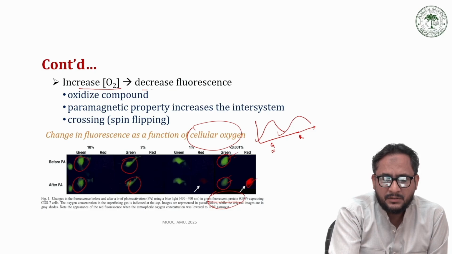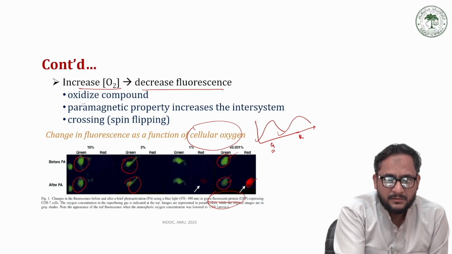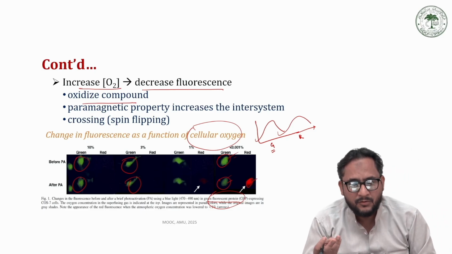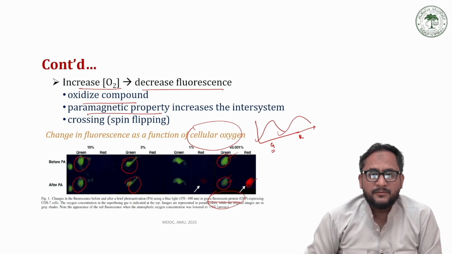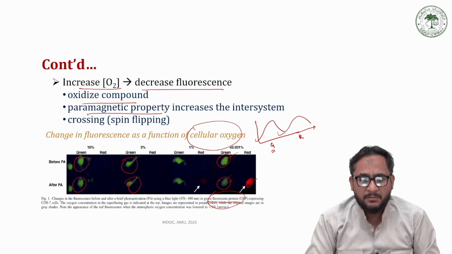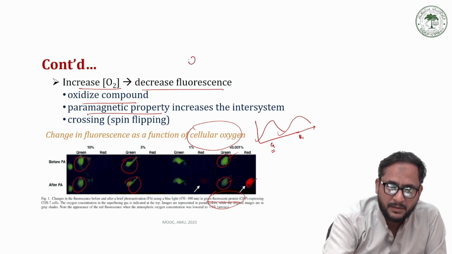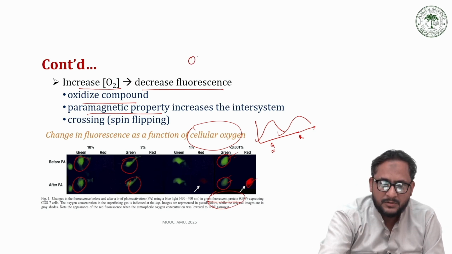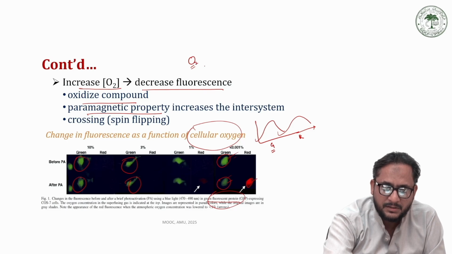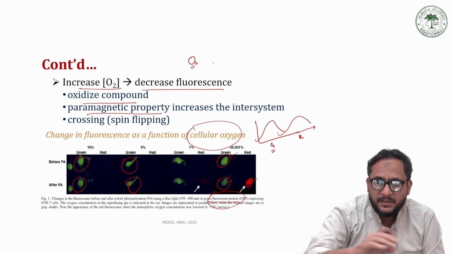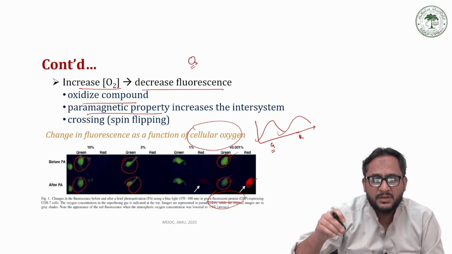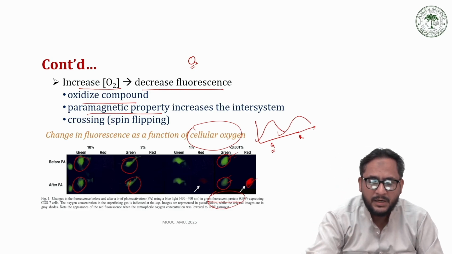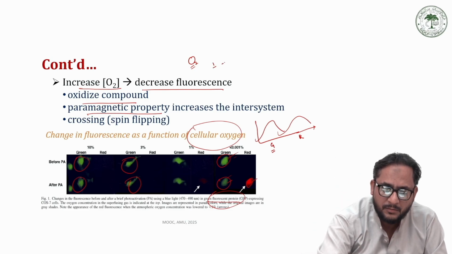Increased O2 concentration causes a decrease in fluorescence. So oxidized compounds have low fluorescence, because of the paramagnetic property of oxygen. Oxygen is paramagnetic because in oxygen gas we have 16 electrons, and when we pair them on the basis of molecular orbital theory, 1s2 sigma, 1s2 sigma star, 2s2 sigma, 2s2 sigma star, and so on, at the end we place two electrons in two different orbitals.